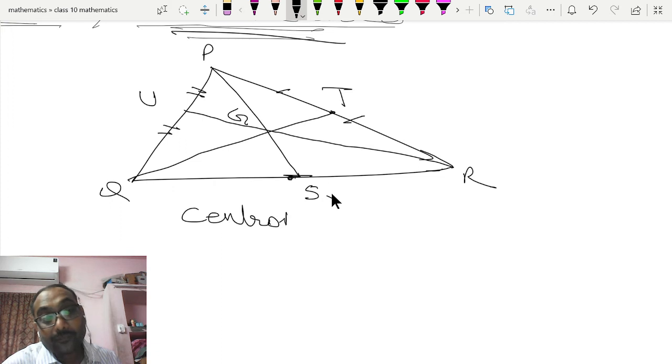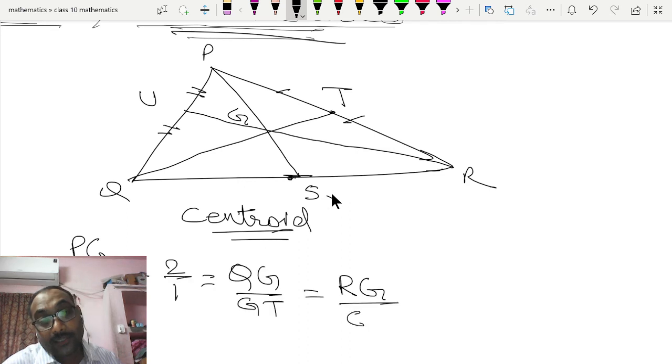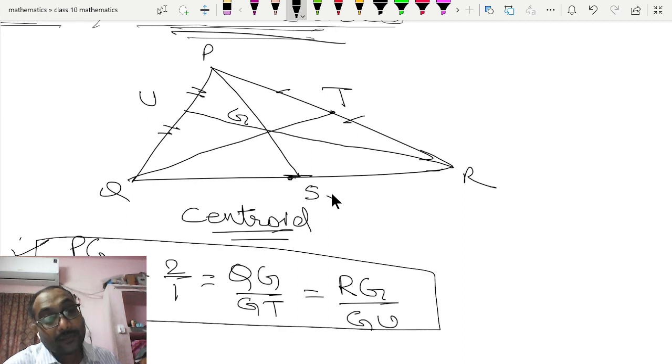A very important property is that PG by GS is equal to 2 by 1, and QG by GT, or RG by GU, is also equal to 2 by 1. You must remember this ratio that we studied in class 9.